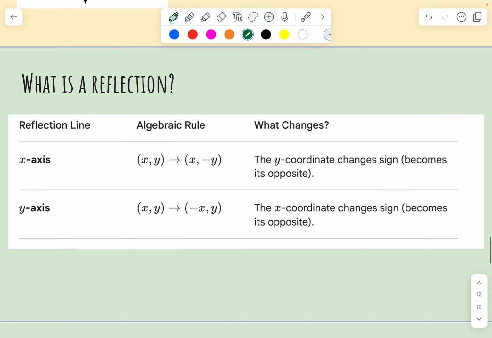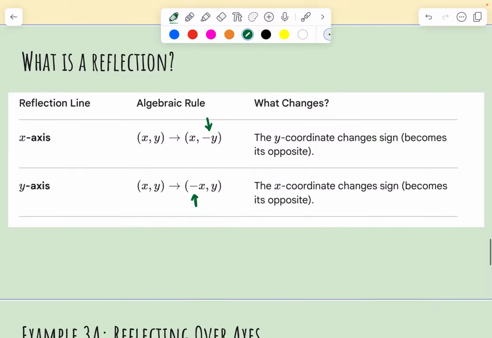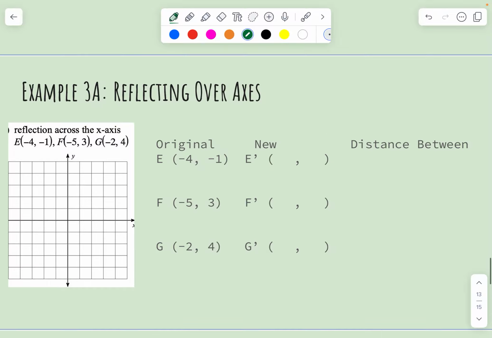The last one we need to know then is a reflection. If something is being reflected about the x-axis, we change all of the y's to their opposite. If something is being reflected about the y-axis, we change all the x's to their opposite. So let's look here.